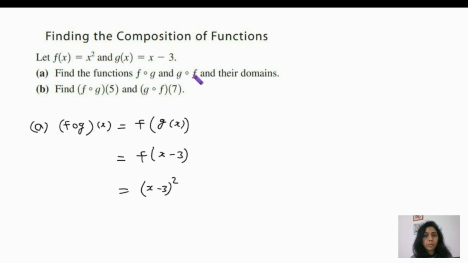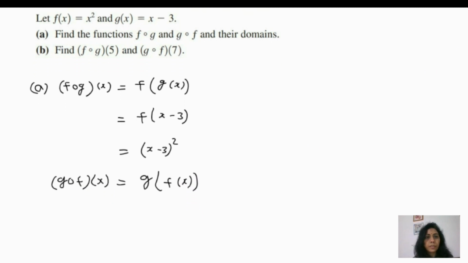Now we have to find g o f. First write g according to the definition of g o f, and then f(x). What is f(x) given here? f(x) is x square, and g(x) is x minus 3.